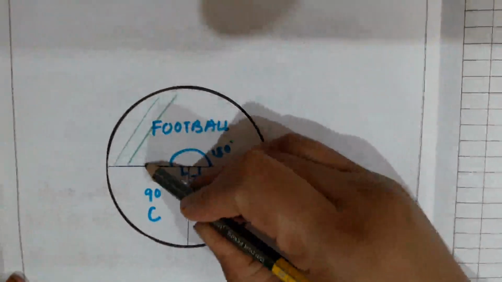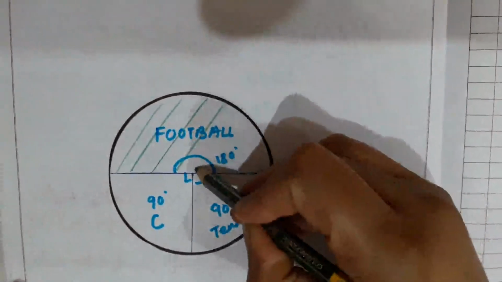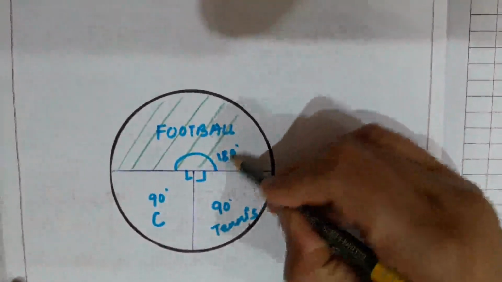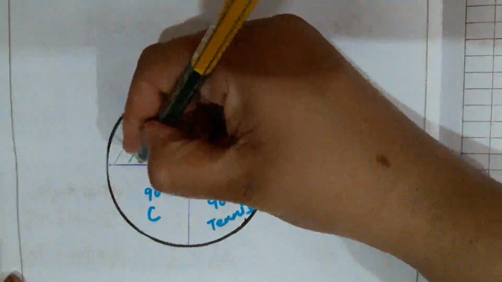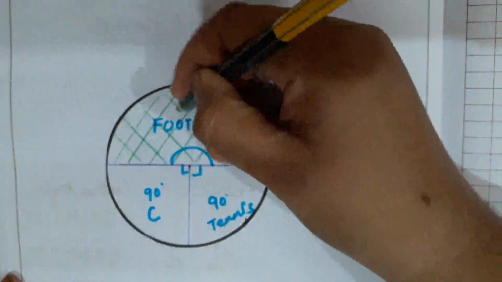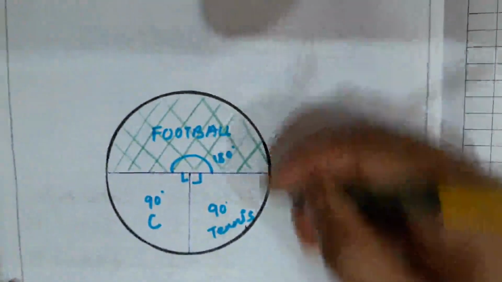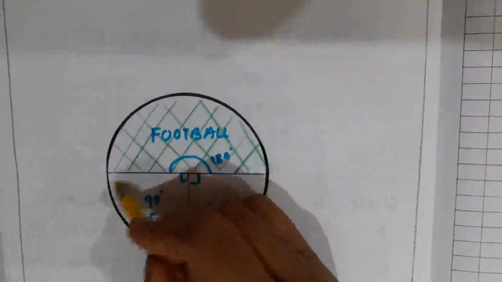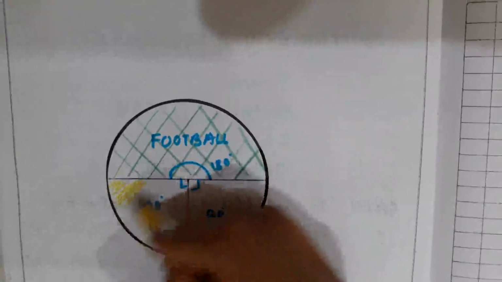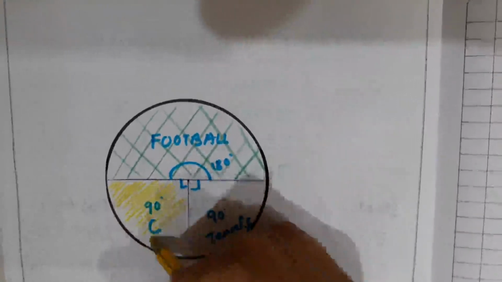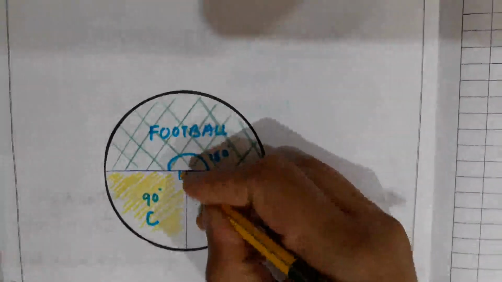So I have shaded the green portion for football. Okay, so this will represent your football, and this yellow portion represents your cricket. In this way you can easily design. This is simply your wish how you want to represent your data.